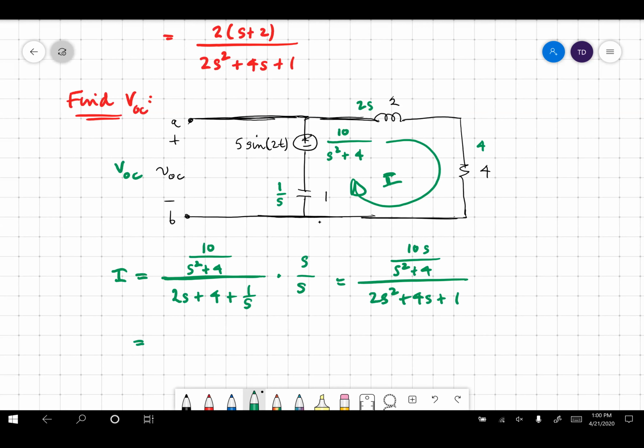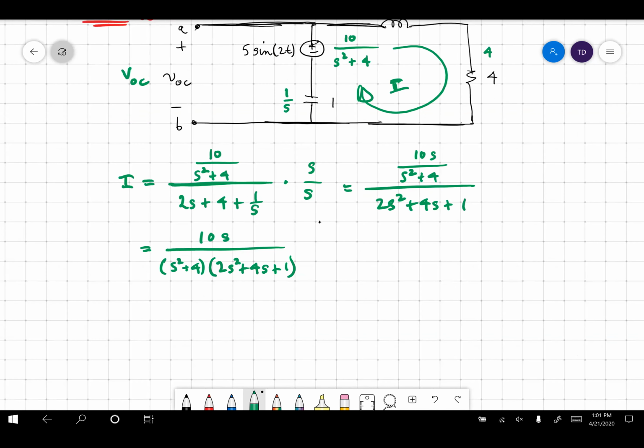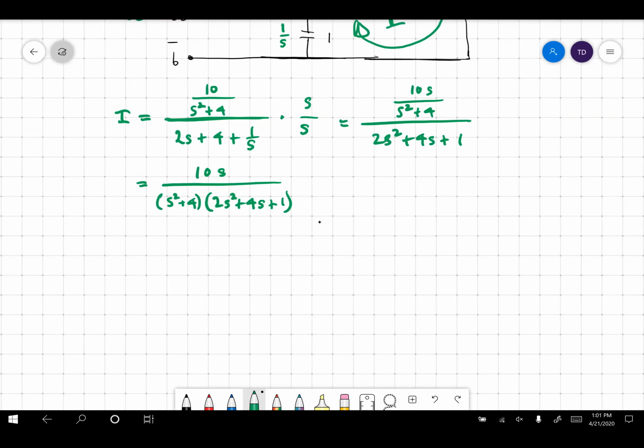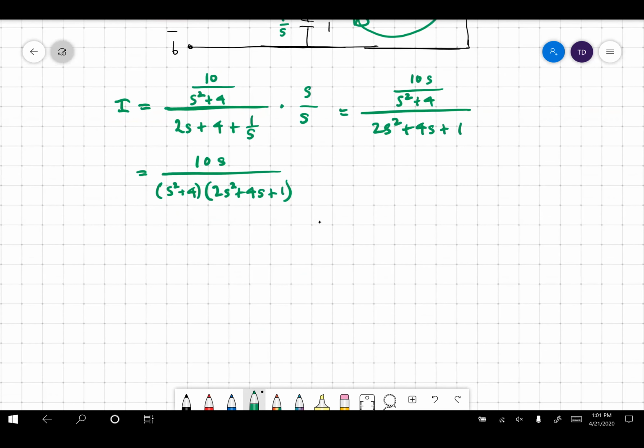So I is equal to 10S divided by S squared plus 4 times 2S squared plus 4S plus 1. In this world, generally, you love to leave things as factors. Don't multiply them together. Leave them as factors. Okay, that's the current.